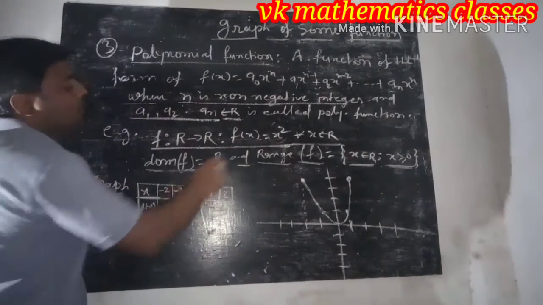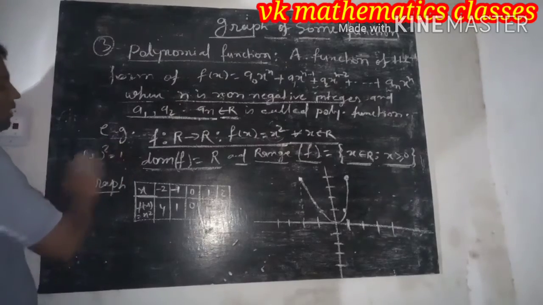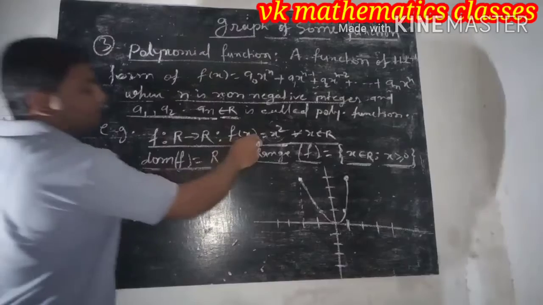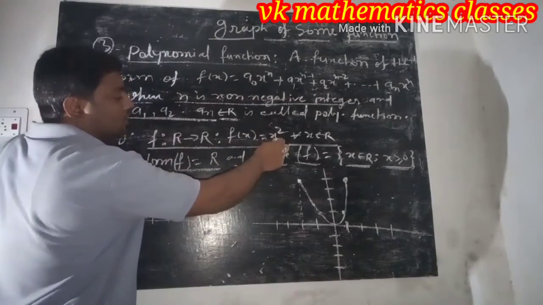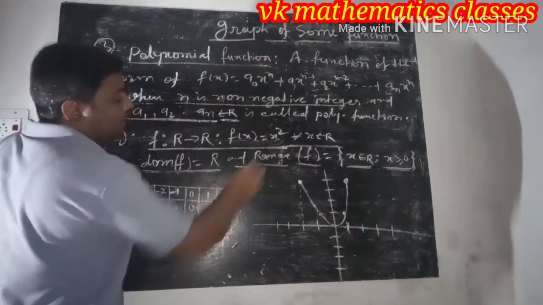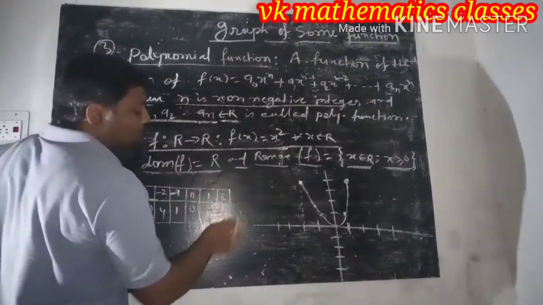If we take 1, it is 1, and if we take 2, the square of 2 is 4.